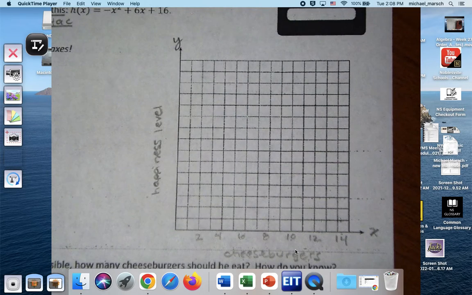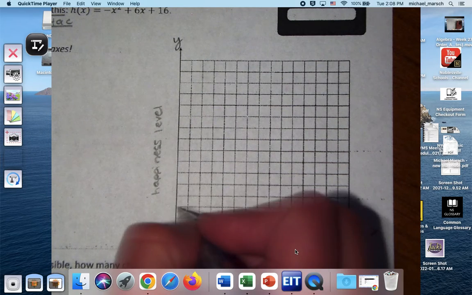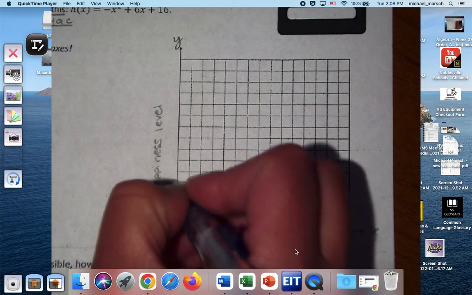And then we're going to rate our happiness out of 5s, but I'm going to make that be every 2 lines. So this would be 2.5, this would be 5, 7.5, 10, but I'm only going to show the 5 increments.